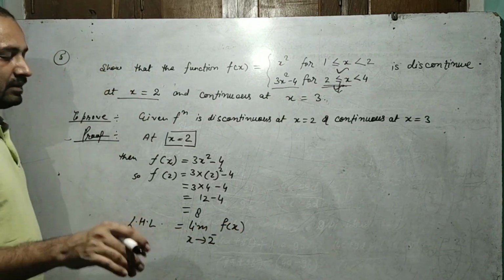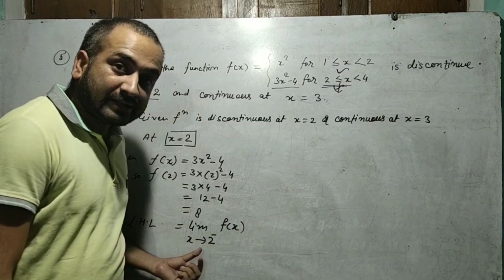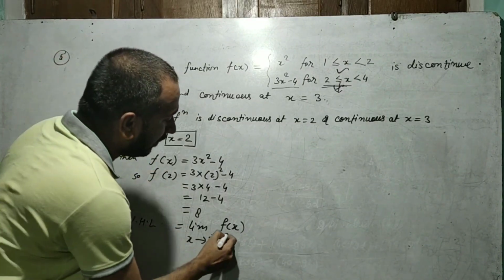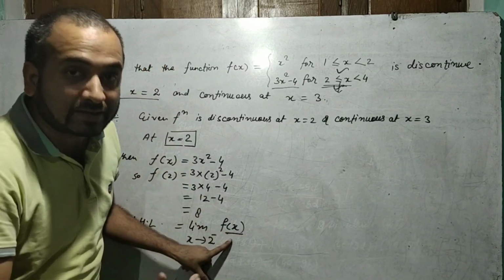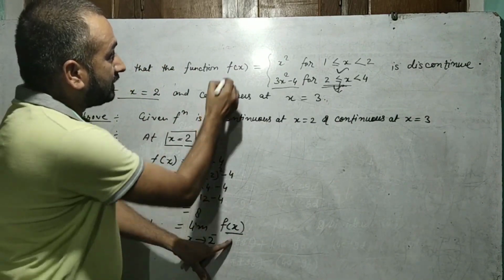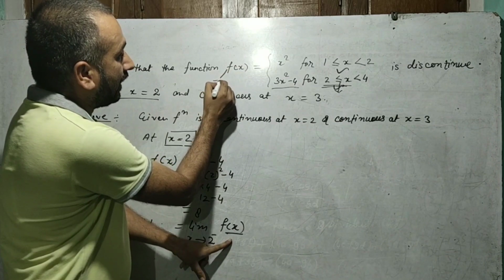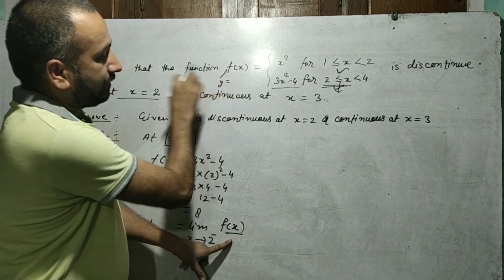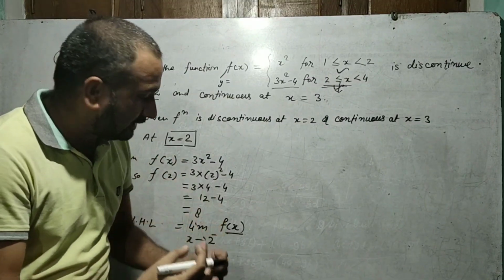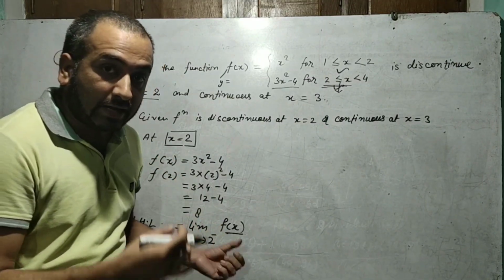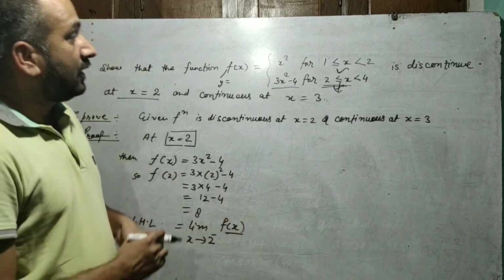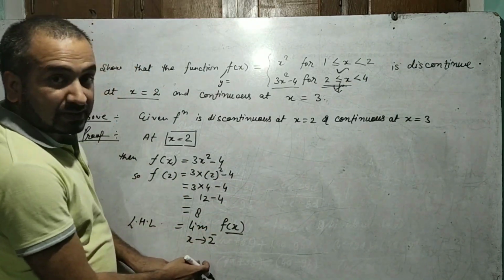Tell me, where the value of x is less than 2, what is your f of x? We need to define here what is your f of x, so x should be less than 2 here.